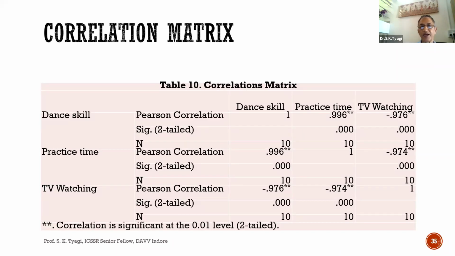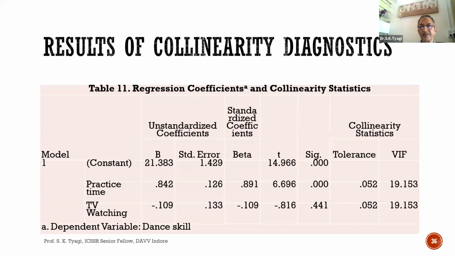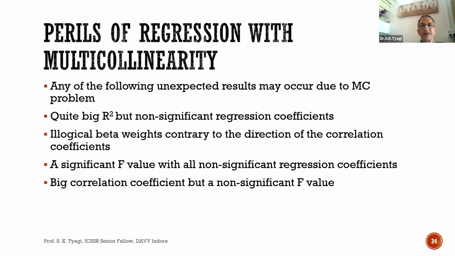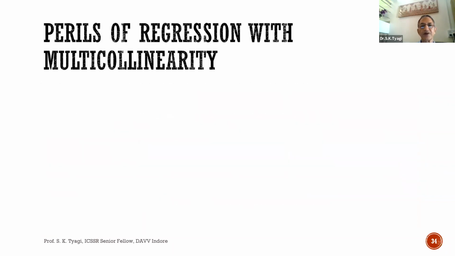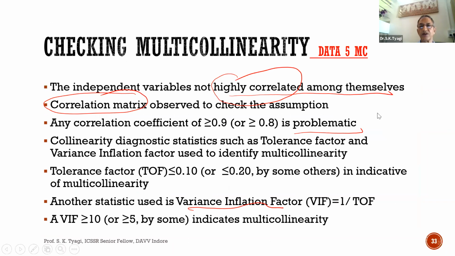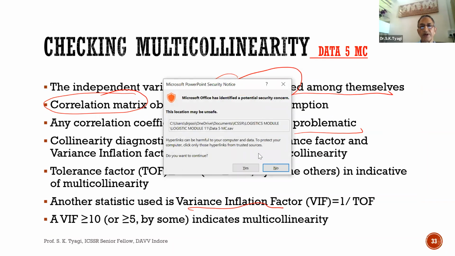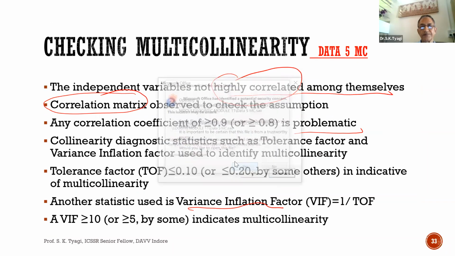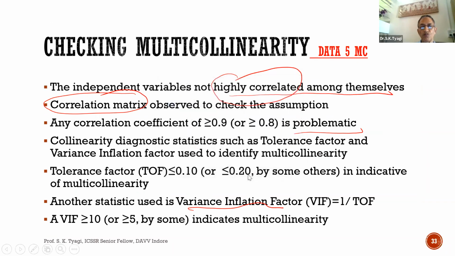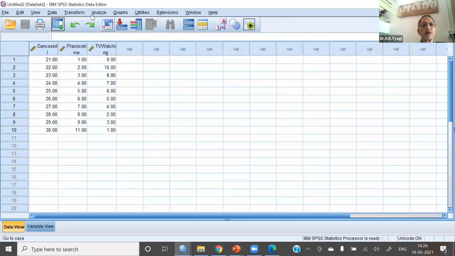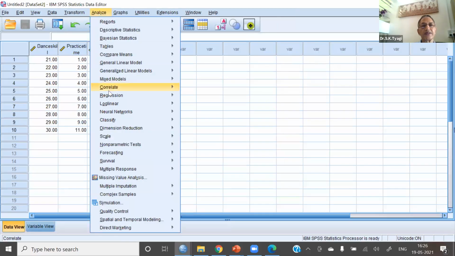Now, this is one table I have already told you. Another table is this. This is collinearity statistics. Now let us see how this table is obtained. The second table, collinearity diagnostics. So again, going to the data, same analyze, regression.